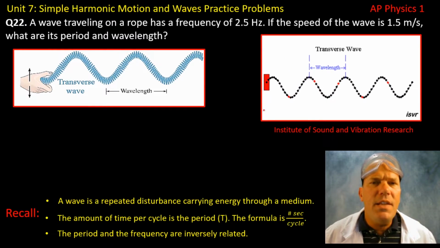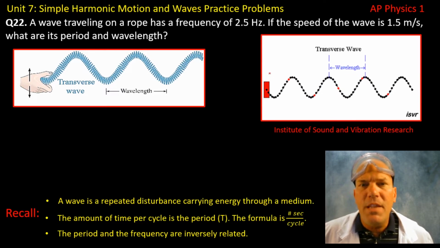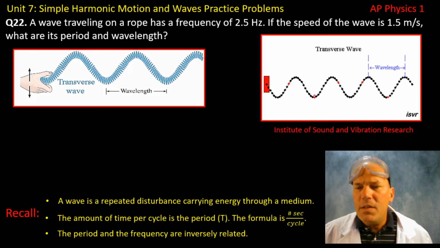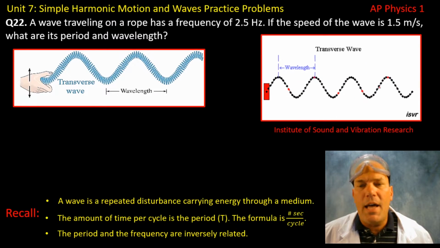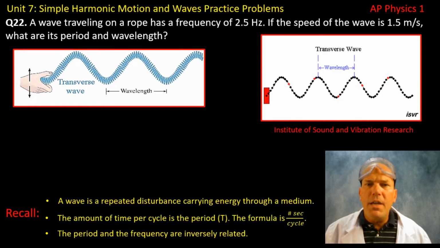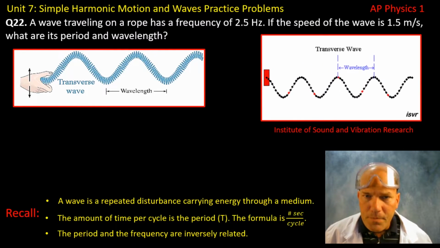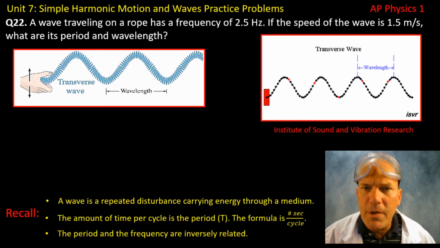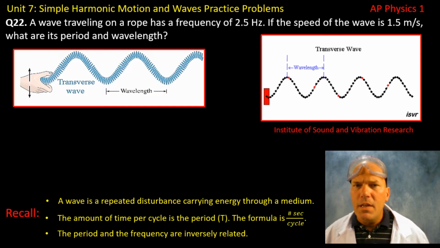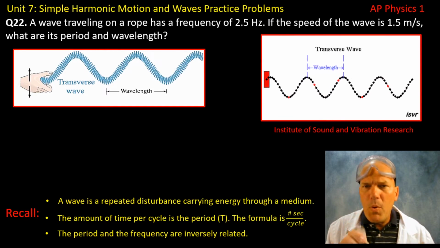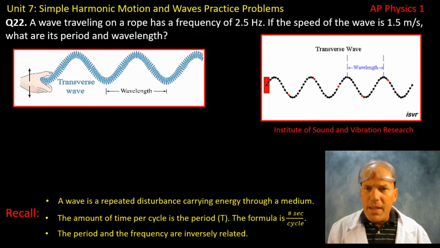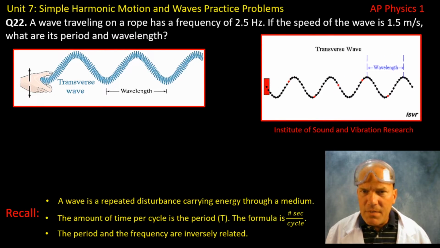As you can see, the energy is propagating from left to right. However, notice these red points along the line. These red points are moving up and down. That is a property of a transverse wave. So as the wave moves left to right, a particle, a point on the medium, is moving at a 90-degree angle to the propagation of the energy.